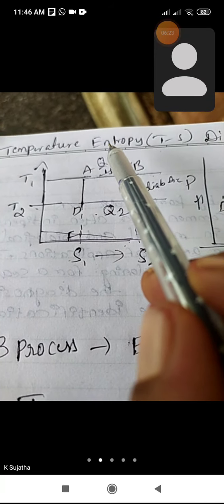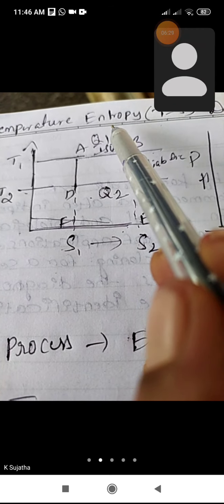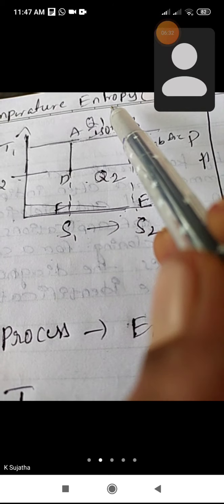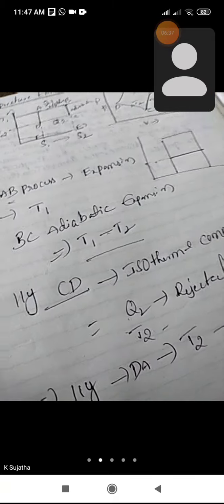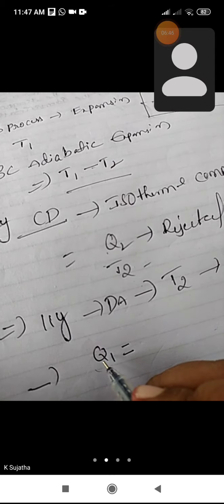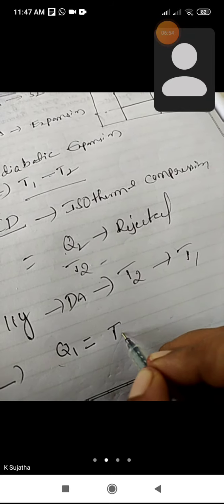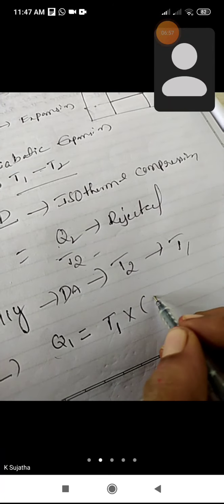Let Q1 be the amount of heat absorbed by the working substance in the isothermal expansion AB. Then Q1, the heat absorbed in the isothermal expansion, according to the diagram is equal to T1 into (S2 minus S1).